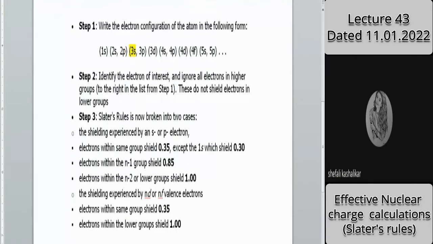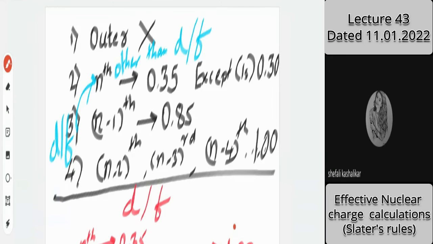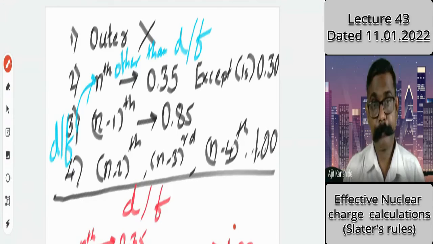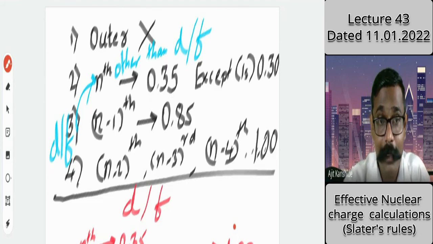Sir, but for orbitals other than d and f, we have n minus 1 as 0.85, n minus 2 as 1.00, no? Other than d and f, we started from n minus second.